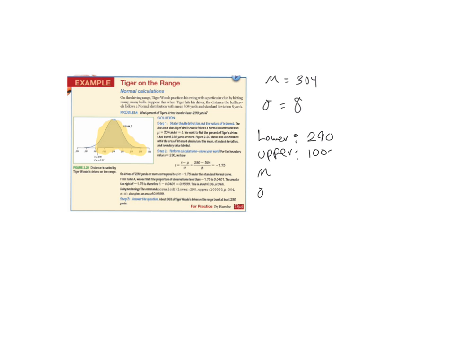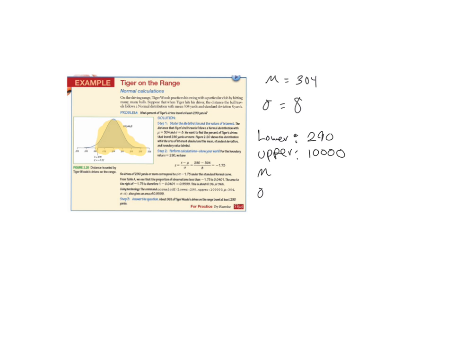What I like to say is put a 1 and a bunch of zeros after it. So we have the lower bound at 290 and an upper bound of 10,000. Now, if this were to go the other way, if we were looking at the low end, you would switch these numbers. The lower bound would be the 10,000 and you would make it negative. But right now we're looking up.